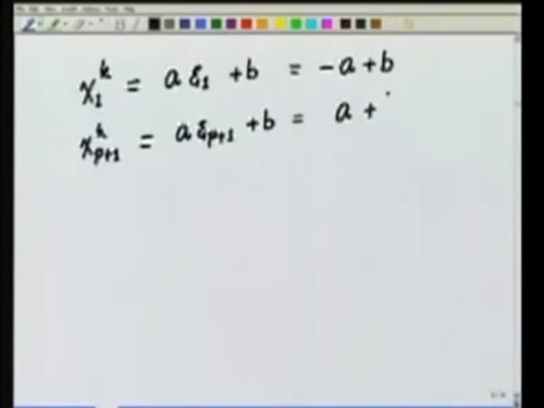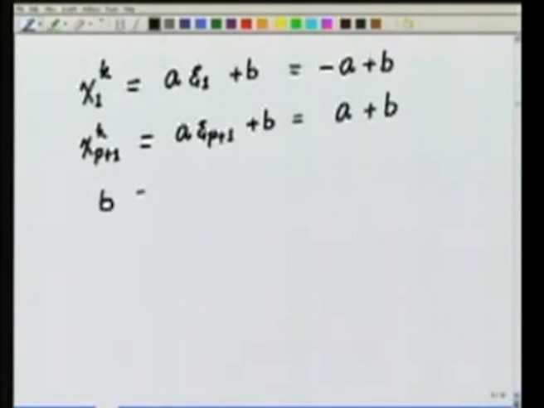So let's go back and say that we know that x1k is equal to a into psi 1 plus b, which is equal to minus a plus b. Similarly, the point xp plus 1k is equal to a psi p plus 1 plus b, this is equal to a plus b.